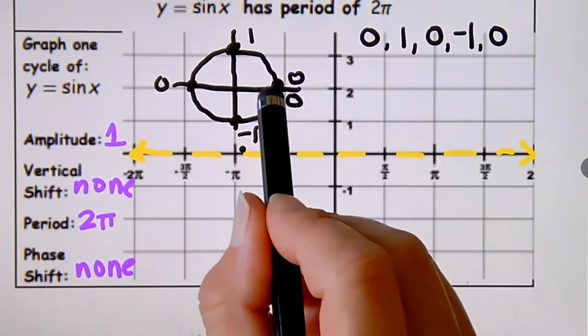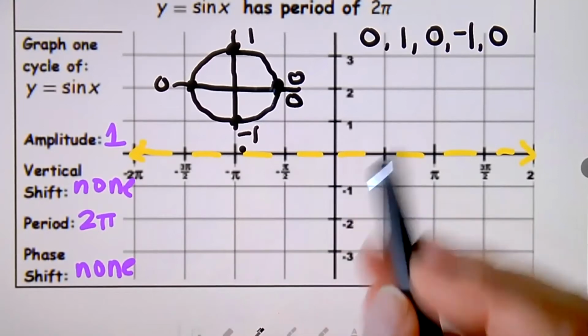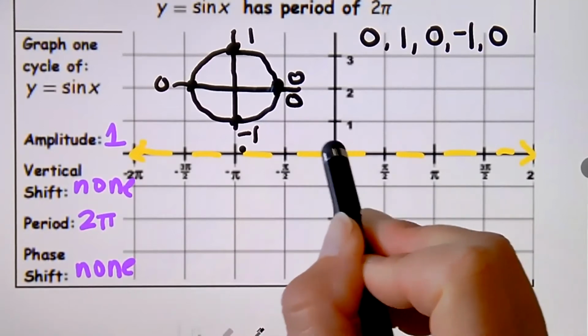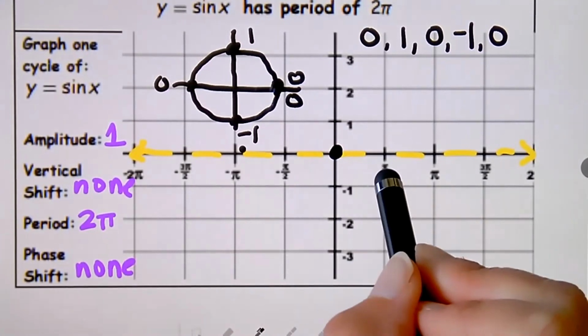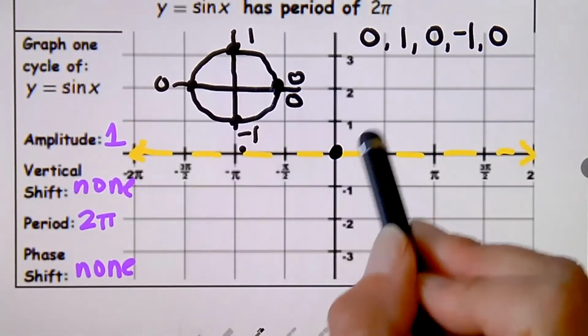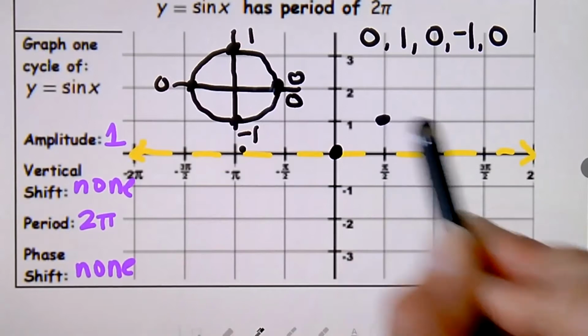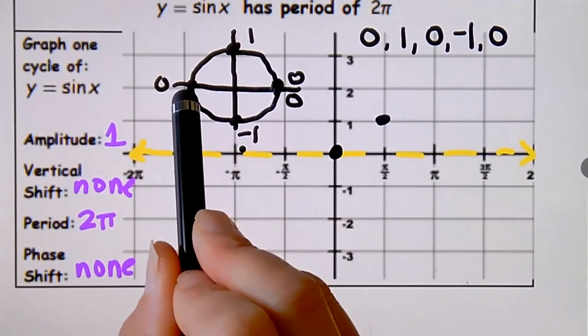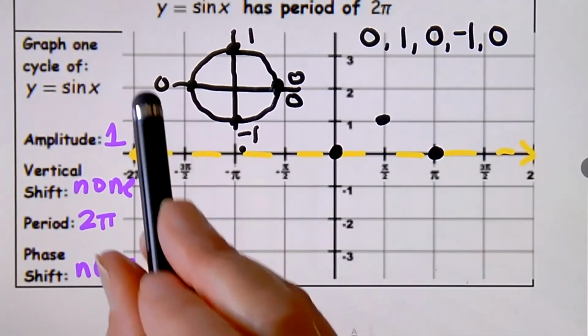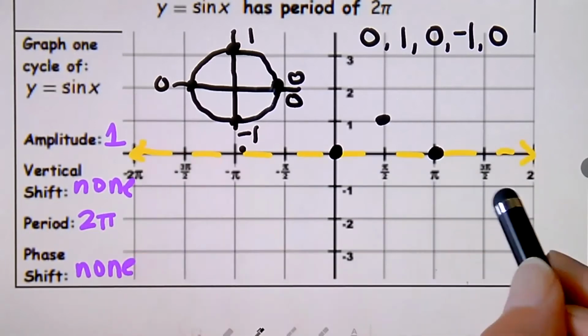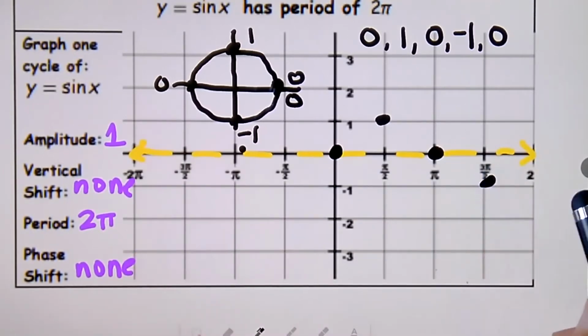So at 0 radians, my sine value is 0. My y value is 0. At pi halves, I'm up here, my sine value is 1. Over here at pi, my sine value is 0. And down here, my sine value is -1 at 3 pi halves.